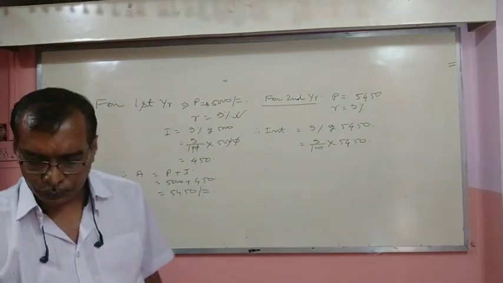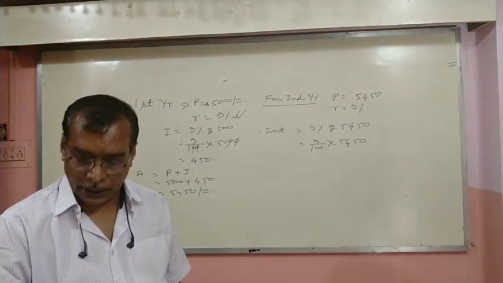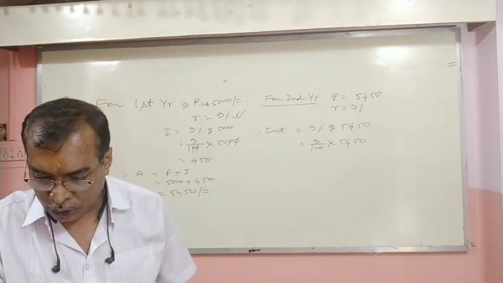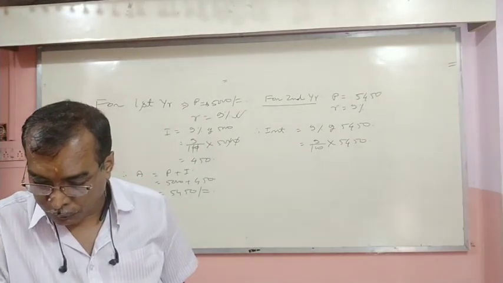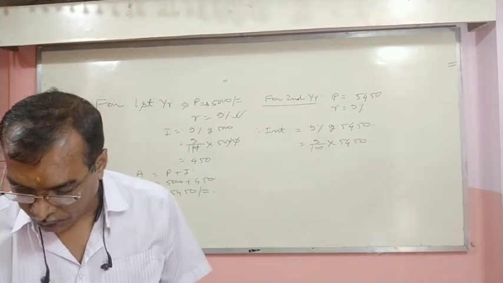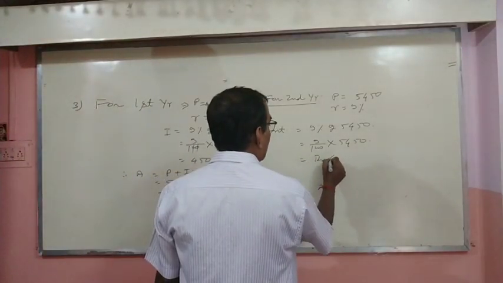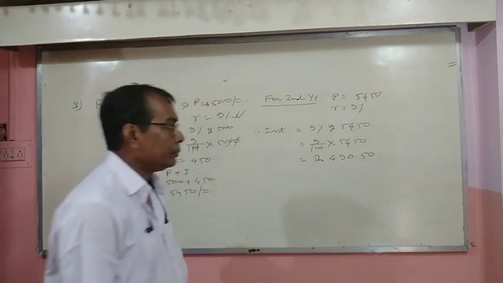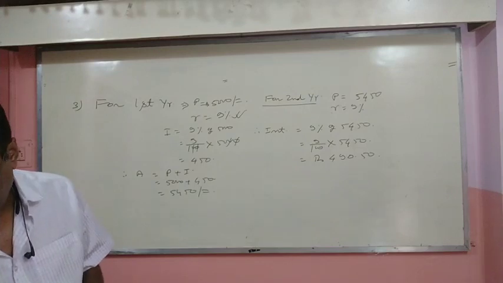I have already taken the calculations because I do not want to waste time. 9% of 5450 comes as 490.50 rupees. This 490.50 will be the interest.